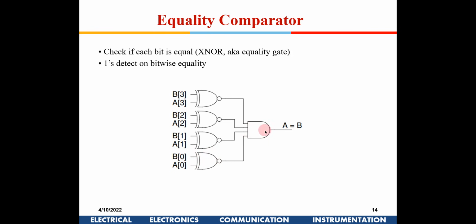And then you use an AND operation, right? So this is known as an equality comparator. You can use this circuit to check, bitwise, each bit, it will compare and say whether finally the output, if A is equal to B, will go high. So this is known as an equality comparator.